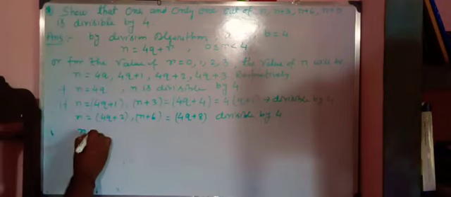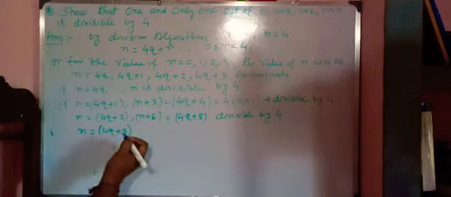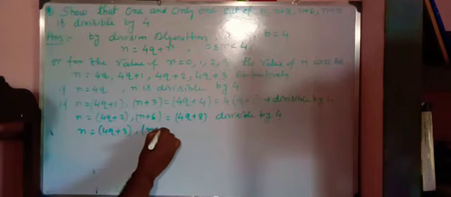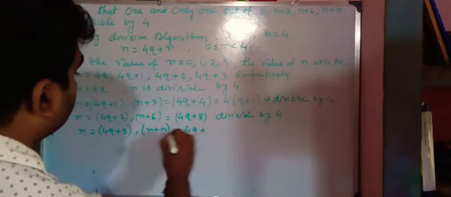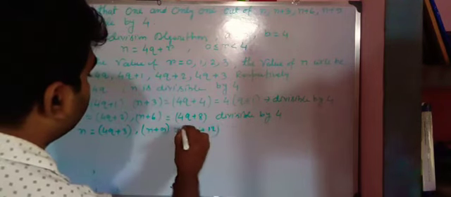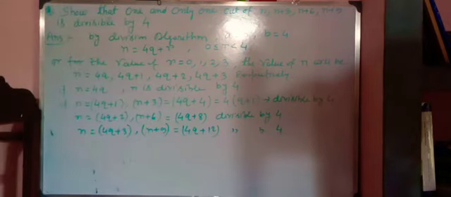If n is equal to 4q plus 3, then n plus 9 is equal to 4q plus 12, divisible by 4.